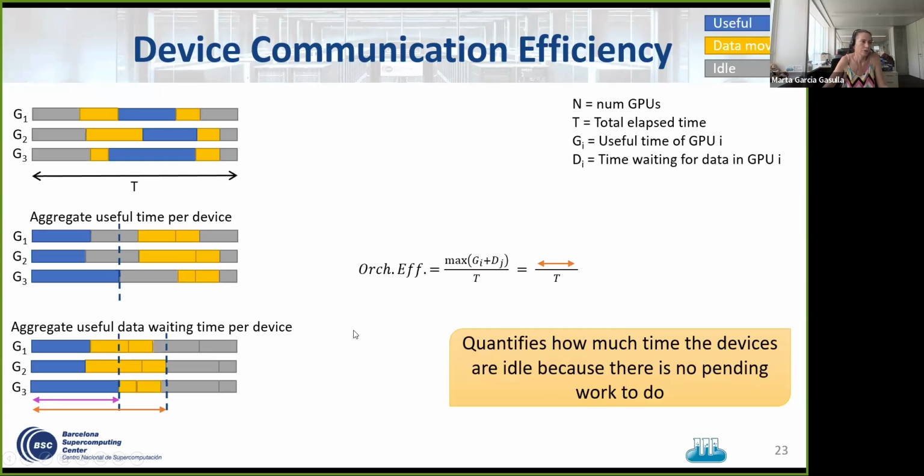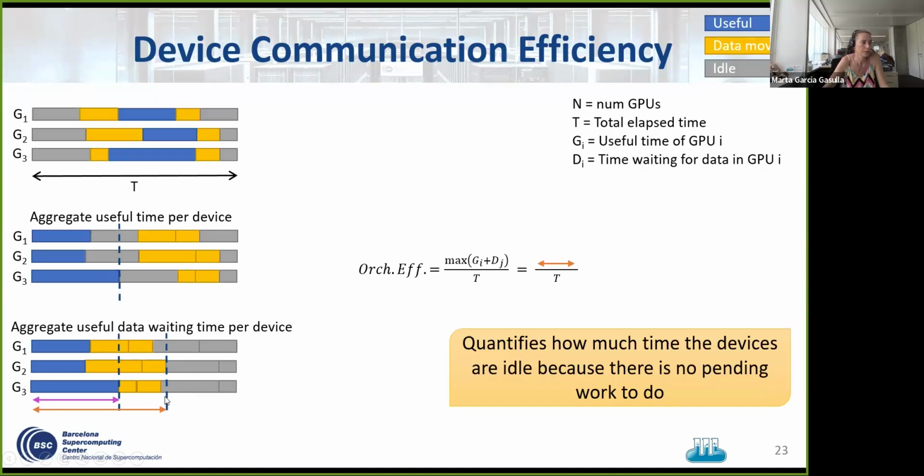And the orchestration efficiency is the time that the GPUs are idle because they don't have work to do. So at the beginning they were computing, then they were moving data, and this time is because they don't have anything else to do.